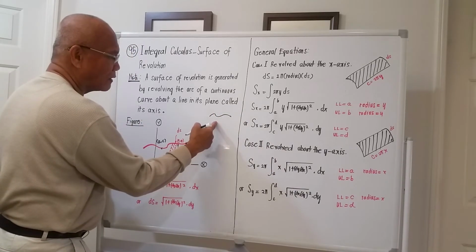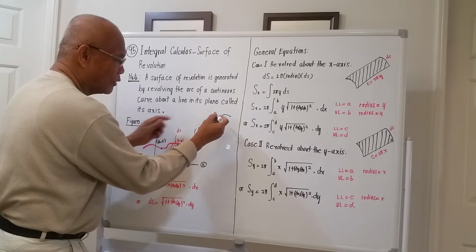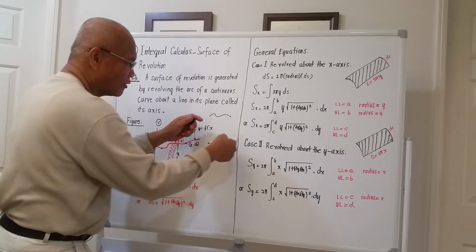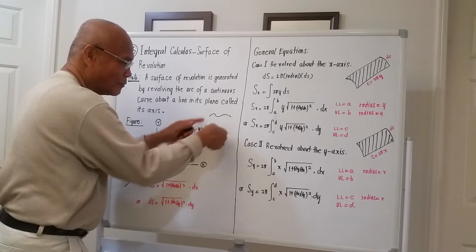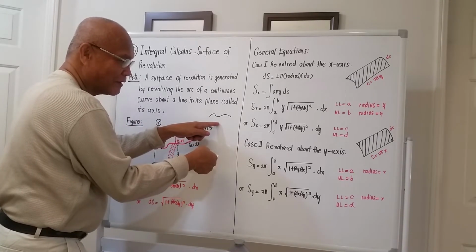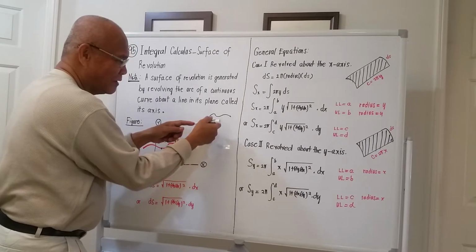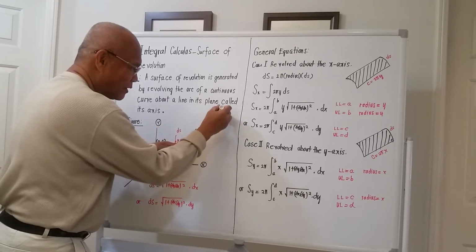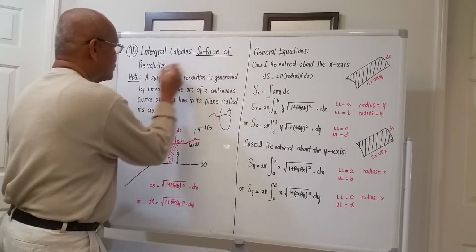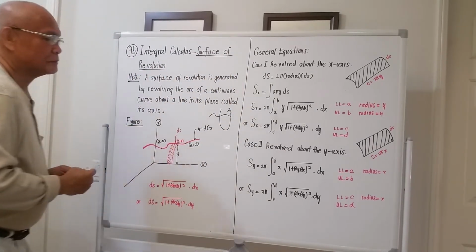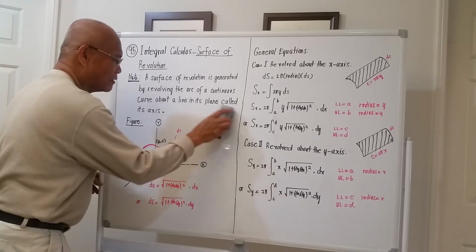If we got an arc, then we try to rotate this arc one complete revolution with respect to the x-axis for the meantime. If you try to rotate this one, it will create a surface of revolution. The other case will be something like this.